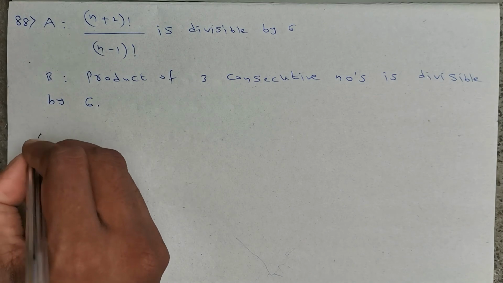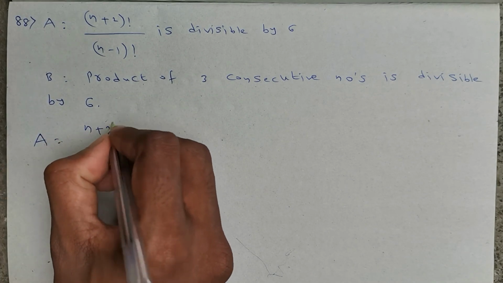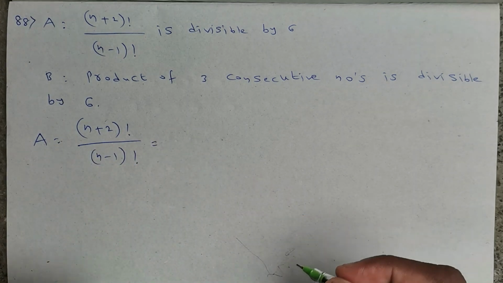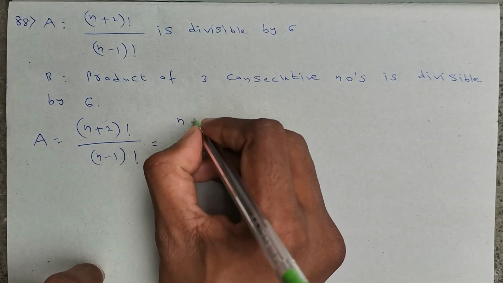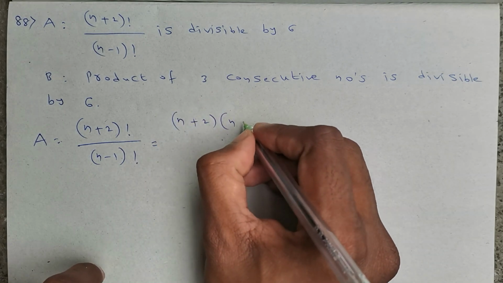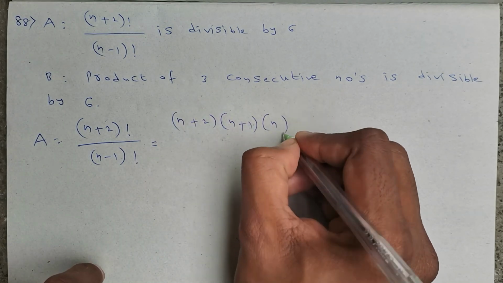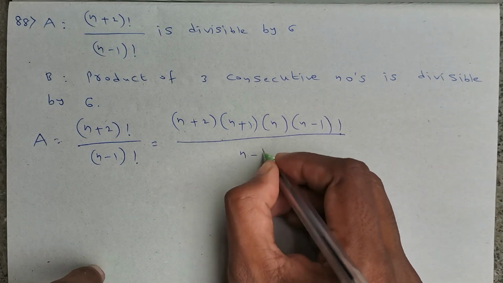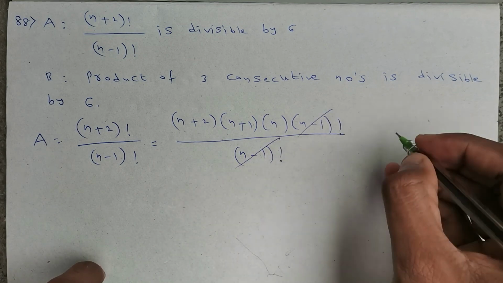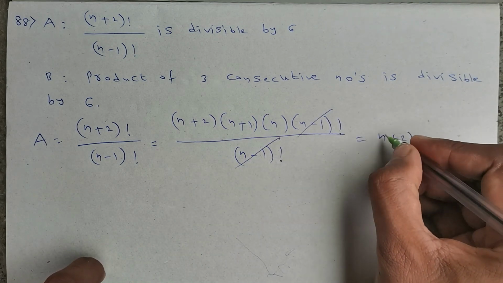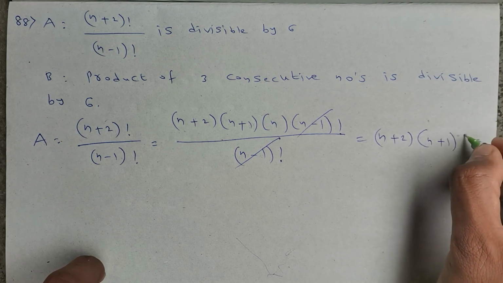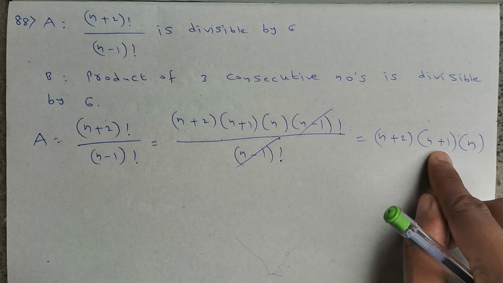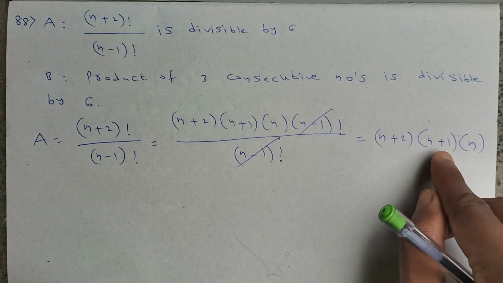First, I am taking statement A. n plus 2 whole factorial divided by n minus 1 whole factorial. n plus 2 whole factorial can be written as n plus 2, keep on decreasing by 1, n plus 1, into n, into n minus 1 whole factorial, divided by n minus 1 whole factorial. These two will cancel, so we remain with n plus 2 into n plus 1 into n. For example, n is 1, n plus 1 will become 2, n plus 2 will become 3: 1, 2, 3.